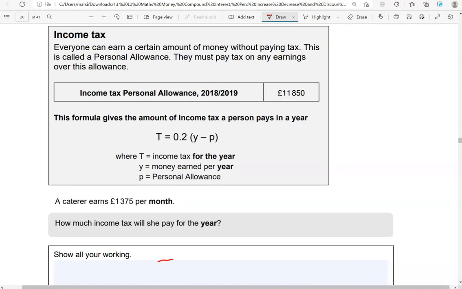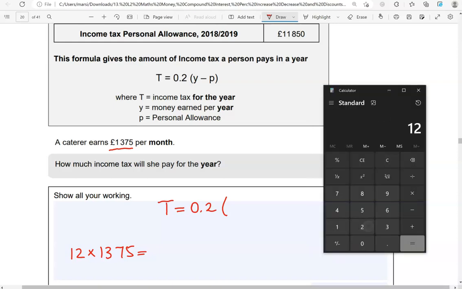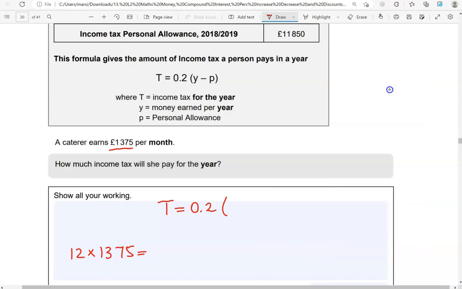So using the formula, we'll go T is equal to 0.2 times y, money earned per year. At the moment, we only know amount earned per month, so we're going to multiply it by 12. So 12 times 1,375 gives us £16,500.